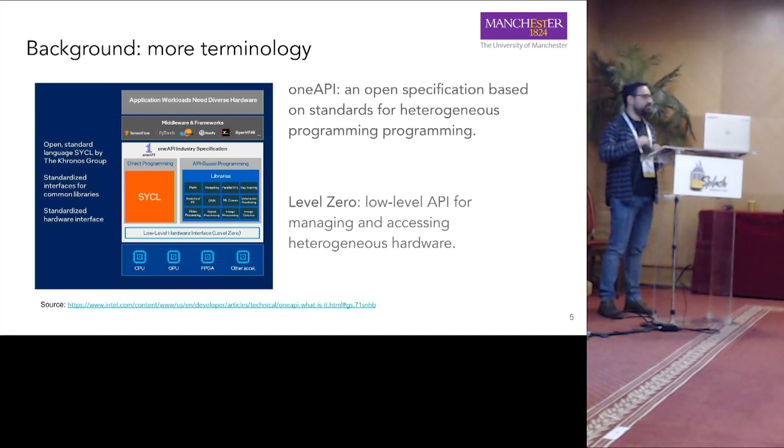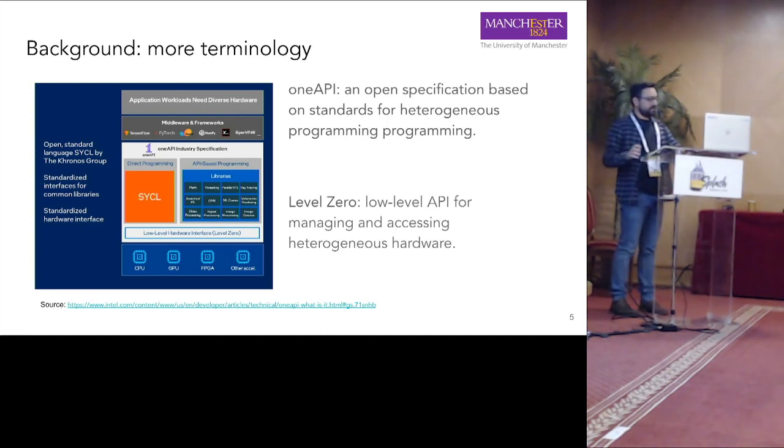You have libraries for deep learning, AI, acceleration of math operations, linear algebra, etc. What we are interested in is the low-level library called Level Zero. It's quite close to OpenCL, if you like. The thing is, to run Level Zero applications, you need SPIR-V. And that's where everything comes into place. I hope that makes sense.